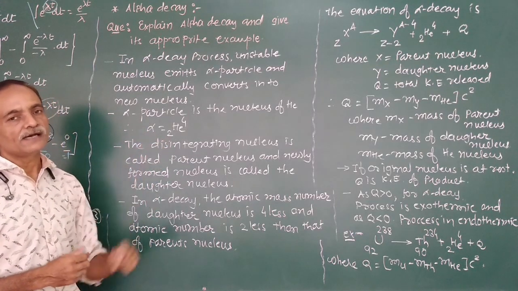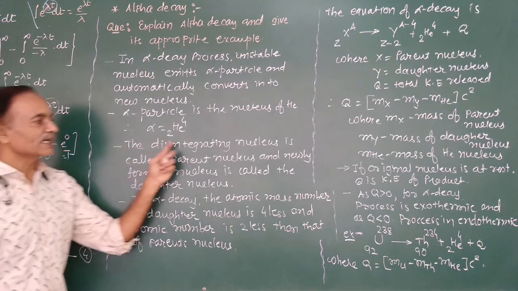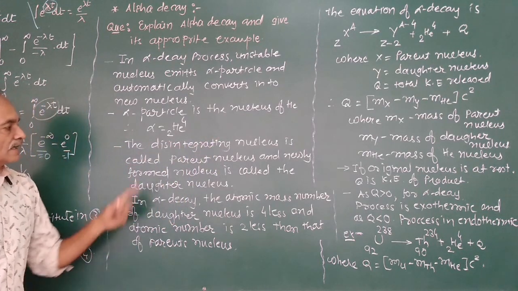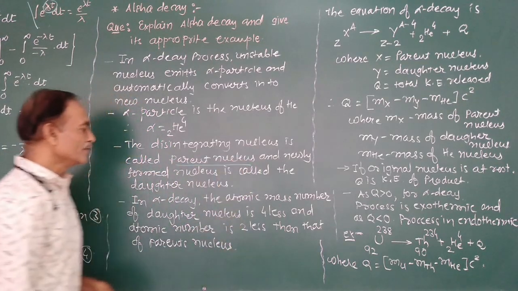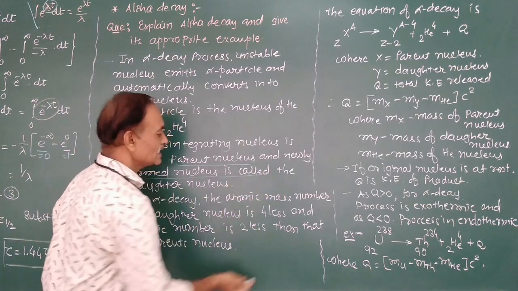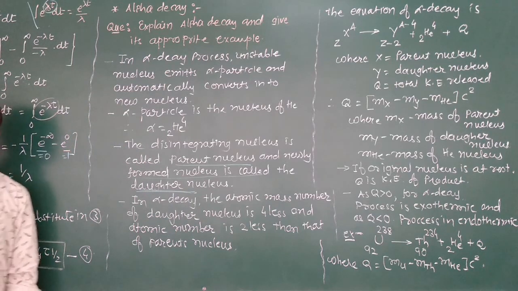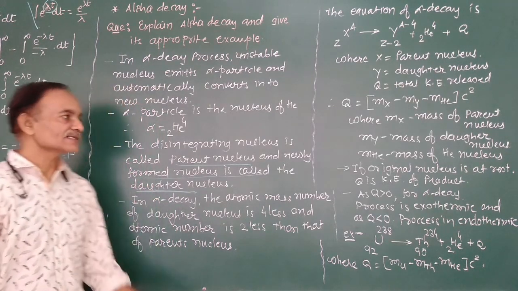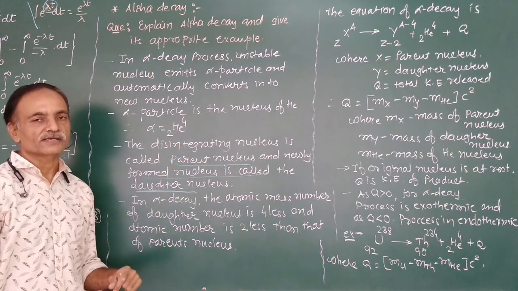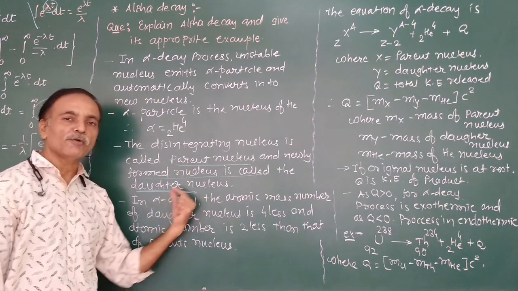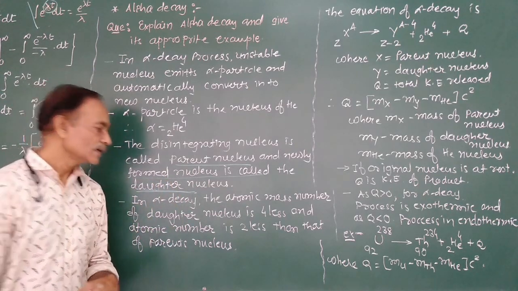The alpha particle is the nucleus of helium. During the decay, the disintegrating nucleus is known as the parent nucleus, and the newly formed nucleus is known as the daughter nucleus. Whatever nucleus is disintegrated is the parent nucleus, and whatever is newly formed is the daughter nucleus.